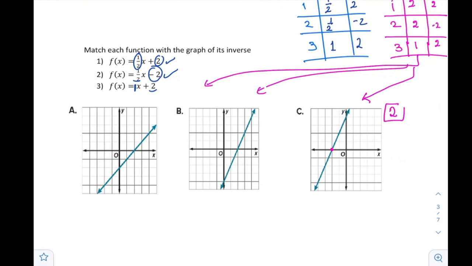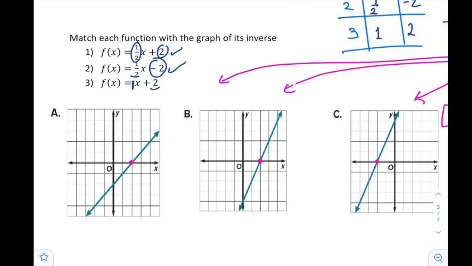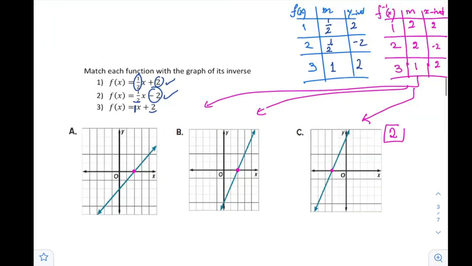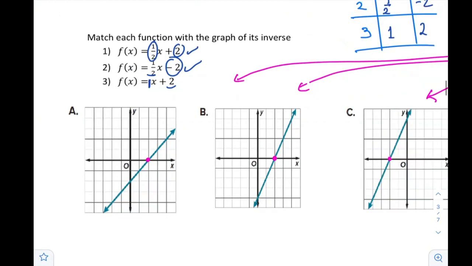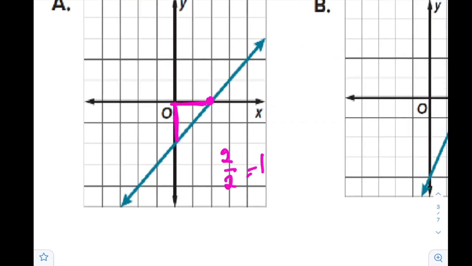Now the next 2 functions, A or B, both of them have x-intercept 2. This has x-intercept 2 and this has x-intercept 2. So the only difference now is the slope. One of them has a slope of 2, the second has a slope of 1. If you find the slope here, rise over run is 2 over 2, which is 1.